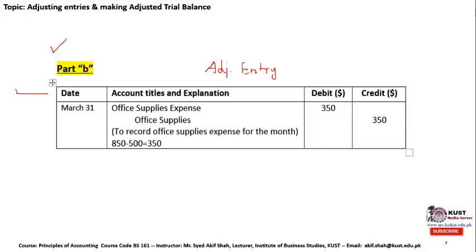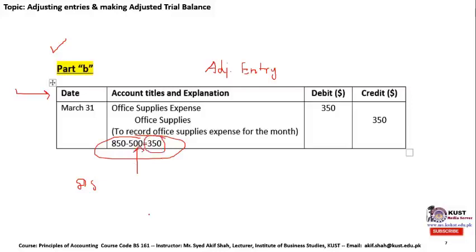You have followed the same specimen of journal on March 31st. As we know, previously the office supplies had an 850 balance, as mentioned over here as well. And at the end of the month, the company is left over with 500 of supplies. So therefore, the used portion of office supplies is $350.